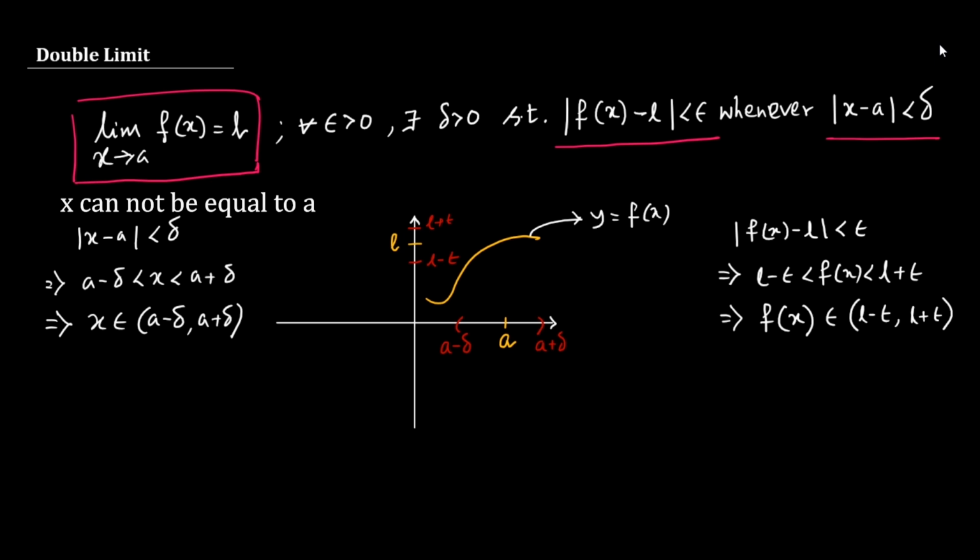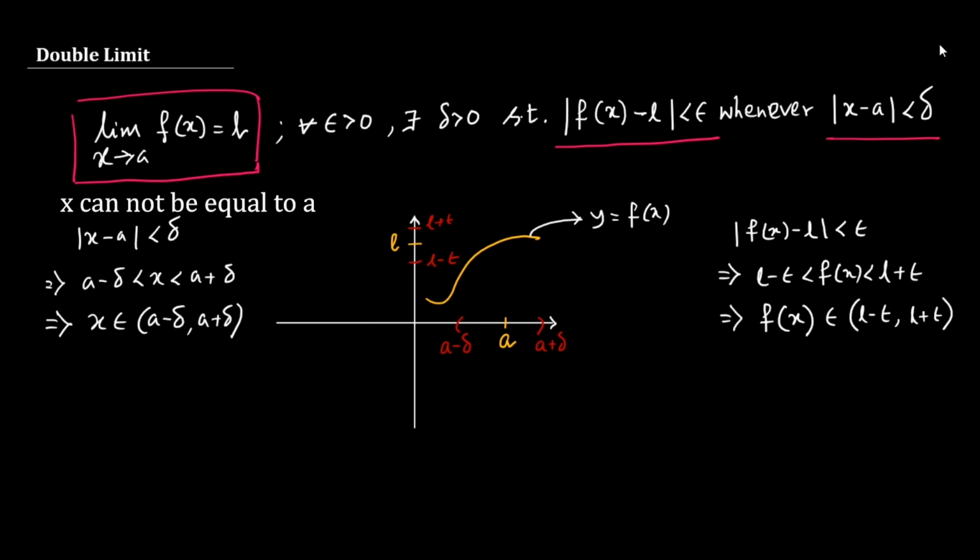And correspondingly, epsilon will also become very, very small. That is what has to happen for the existence of limit. When delta becomes very small, if epsilon also becomes very small, then we can say that the functional value and L are also becoming very, very close.